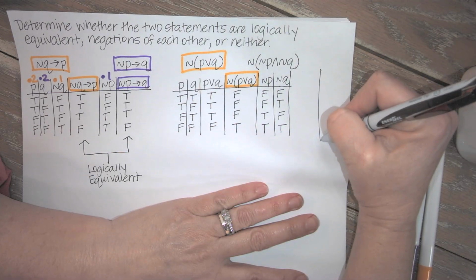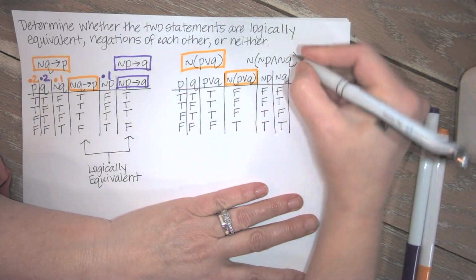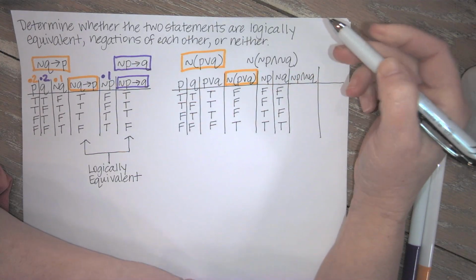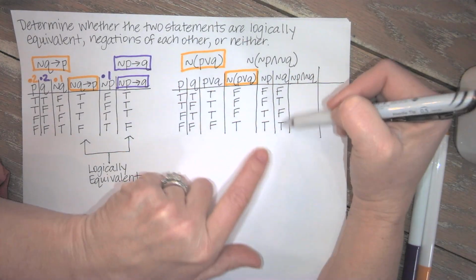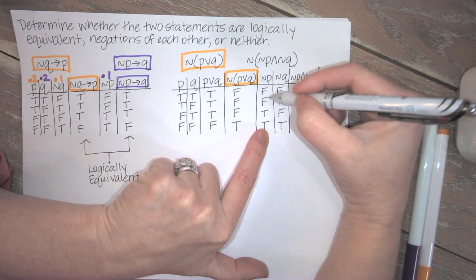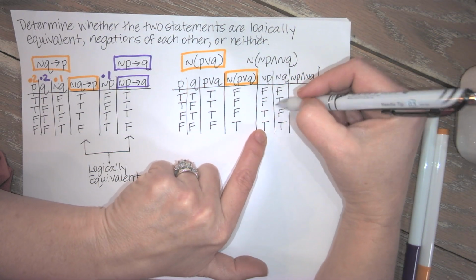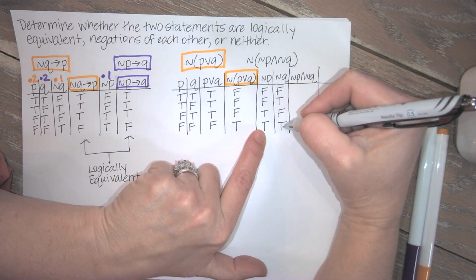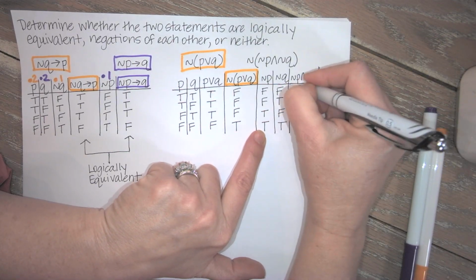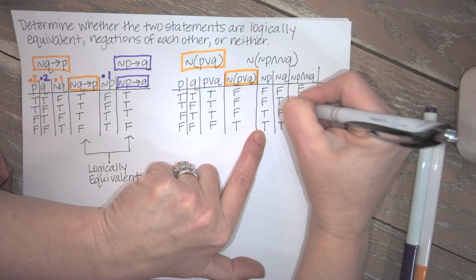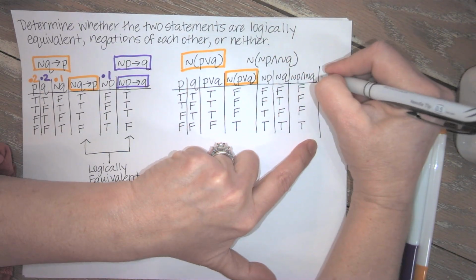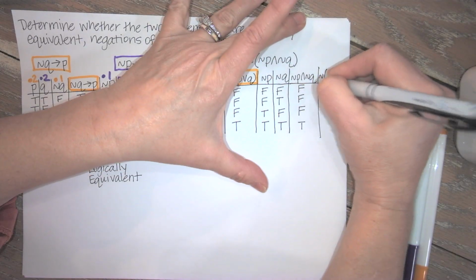So we have not P and not Q. Conjunction is only true when they're both true. Right here I see both true, so that's the only time a conjunction comes out true. These will be false. And then I have to negate that.